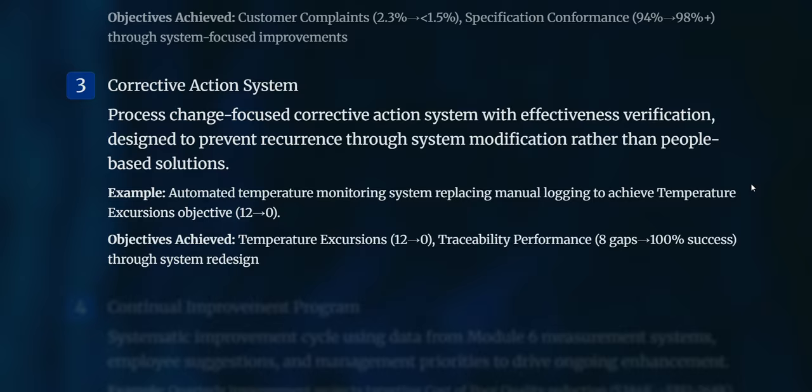Objectives achieved include temperature excursions going from 12 incidents last year to 0 this year, and traceability performance improvement by eliminating 8 gaps and ensuring 100% success of traceability through system redesign.